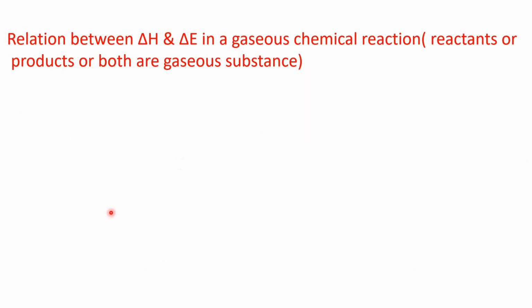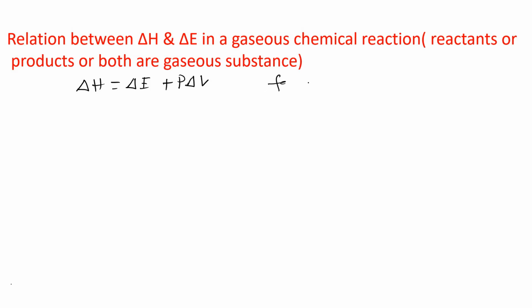Now coming to the relation between this enthalpy change and the internal energy change, that is delta E and delta H. What is the relation? See, we have seen that delta H is equal to delta E plus P delta V. Pressure is constant.